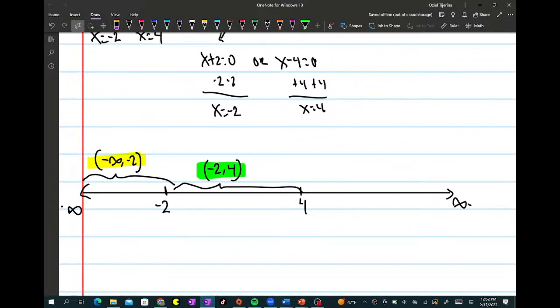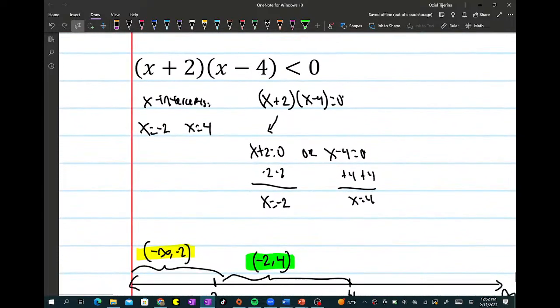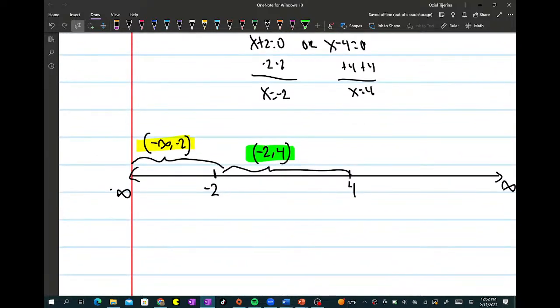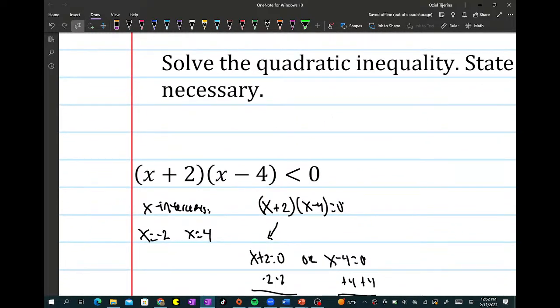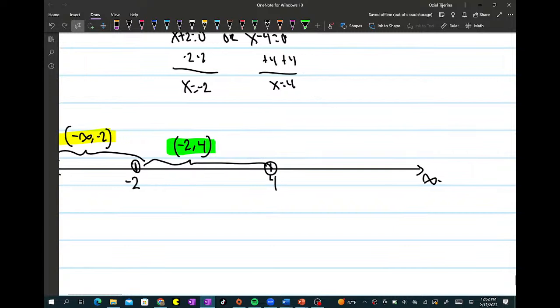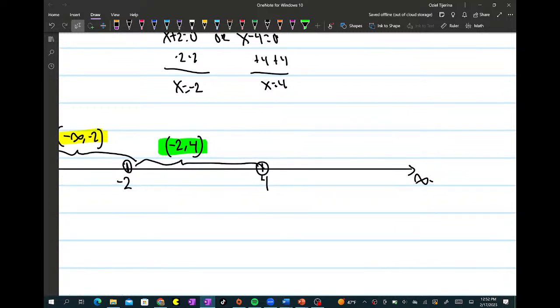And obviously, guys, we're going to put circles or open dots, or whatever they call it, holes at -2 and 4, because those are not going to be included in the interval since we're doing less than 0. If it was less than or equal to 0, we would put closed circles or dots. If that doesn't make sense, guys, I'm sorry. I don't know how else to explain it. Like I said, these can get very complicated if you don't know the rules of interval notation.